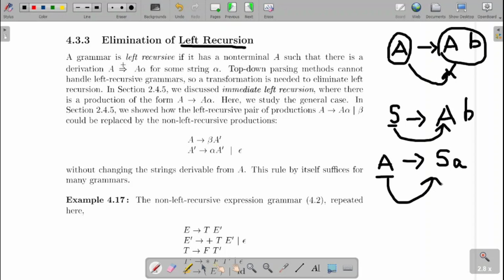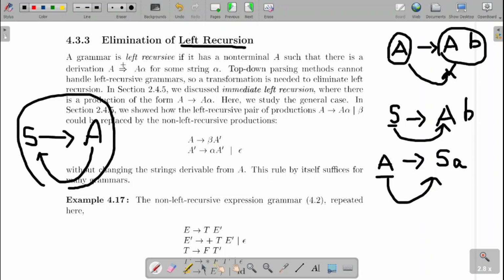Indirect left recursion comes into the picture whenever there is a cycle in the grammar. What do you mean by a cycle? A cycle means we come back to the same position from where we started. From S we go to A, and from A we get back S. So it is an example of a cycle, a closed path.